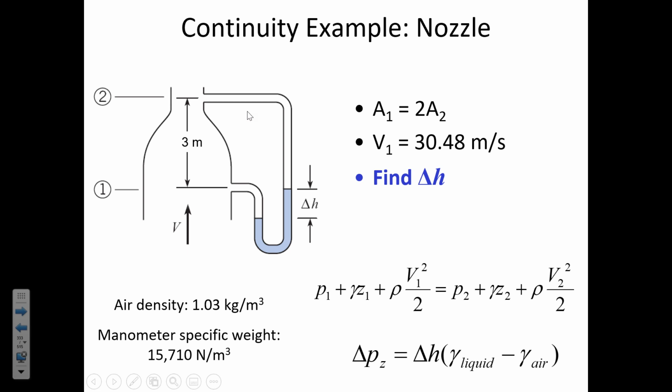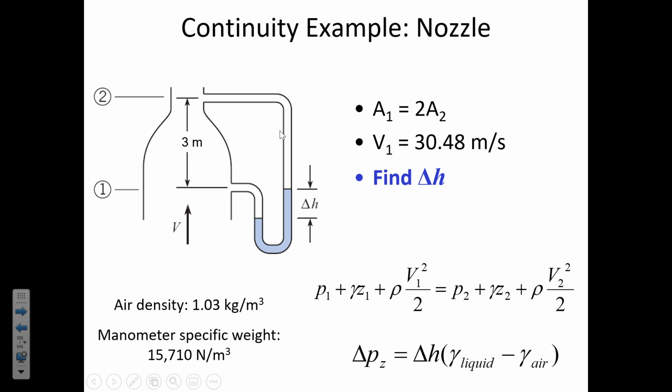All right, nozzles we've seen before, and in a previous example we looked at a nozzle where the manometer was intercepting the flow. So it was a stagnation point where, at location 2, the manometer was causing a stagnation point where the velocity stopped and had a localized increase in pressure.